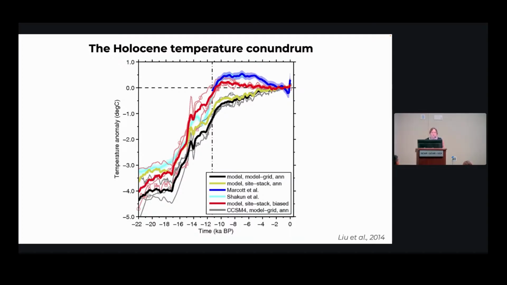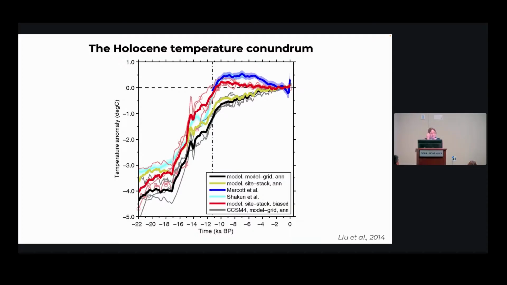But our models, which we can see here in yellow, black, and gray, show gradual warming from the LGM to the pre-industrial. So in models, the PI is the warmest part of the Holocene instead of the mid-Holocene. When I say PI, I mean pre-industrial.